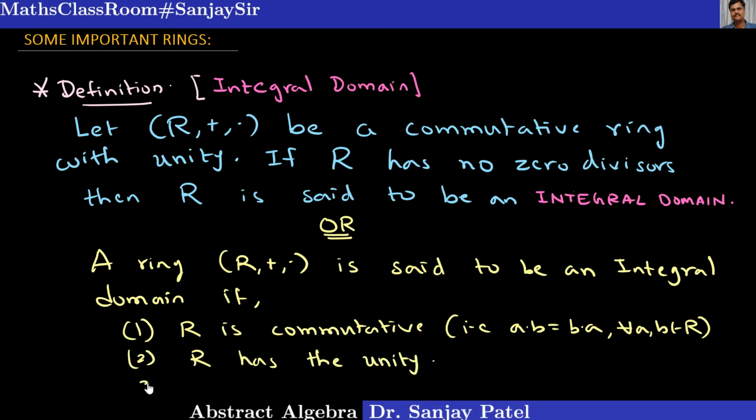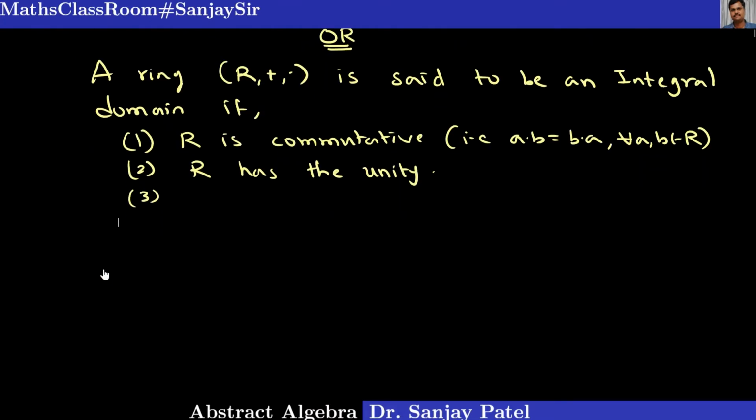And the third condition is the ring R has no zero divisors. So if you want to prove that a given ring is an integral domain, then you must prove these three conditions: it is commutative, it has unity element, that is multiplicative identity, and it has no zero divisors.